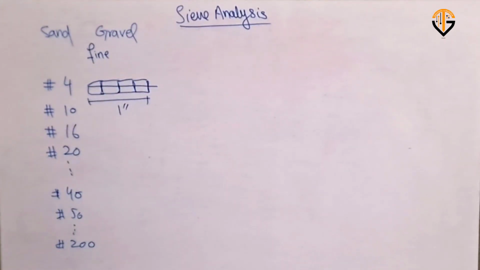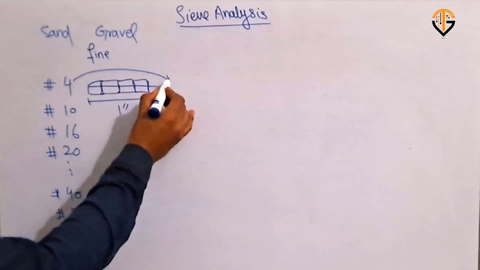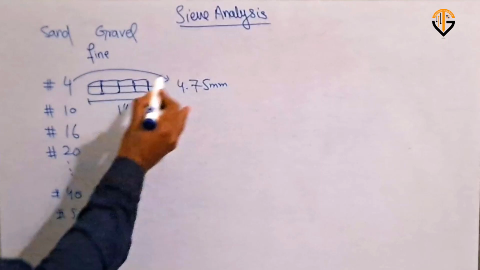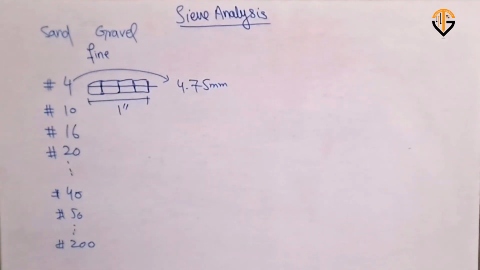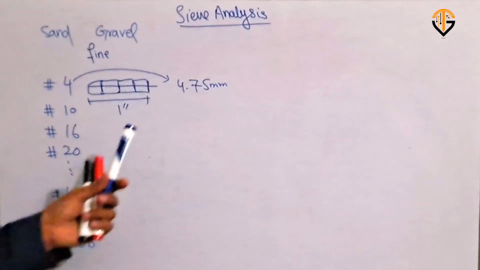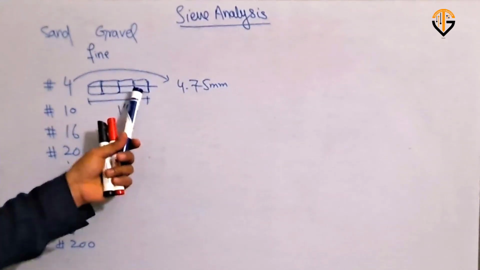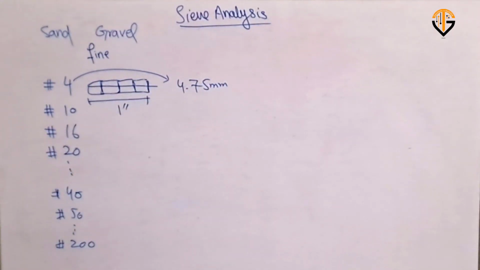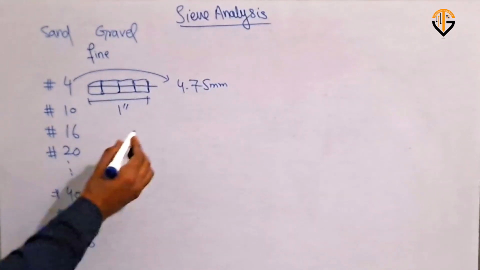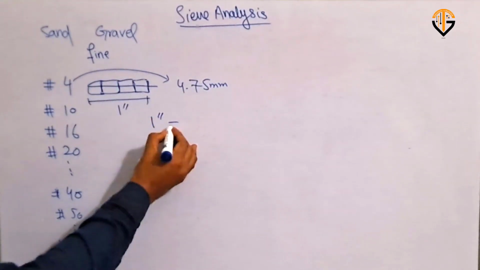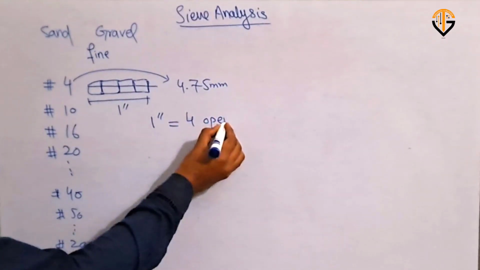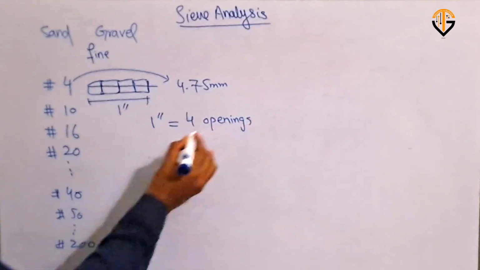Now, we define the size of sieve number 4 as 4.75 mm. It means one clear opening of sieve number 4 is 4.75 millimeter. Let's try to calculate it. By definition, in 1 linear inch for sieve number 4, there are 4 openings.